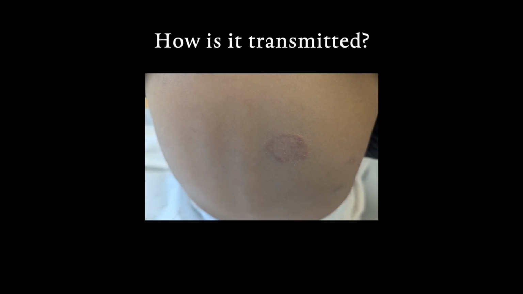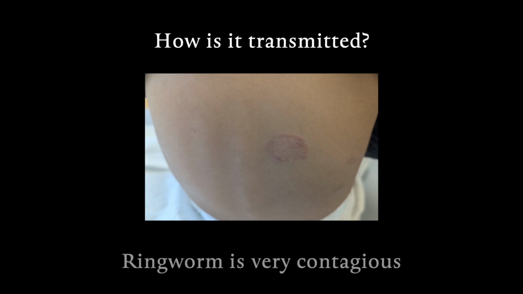So how do you get ringworm? Okay, ringworm is usually very contagious. It could be passed from somebody who has it to somebody else. So it goes from one person to another through close contact, like people who are wrestling. If somebody is wrestling with another person with ringworm, they could rub off the fungus on their opponent and they could get ringworm.